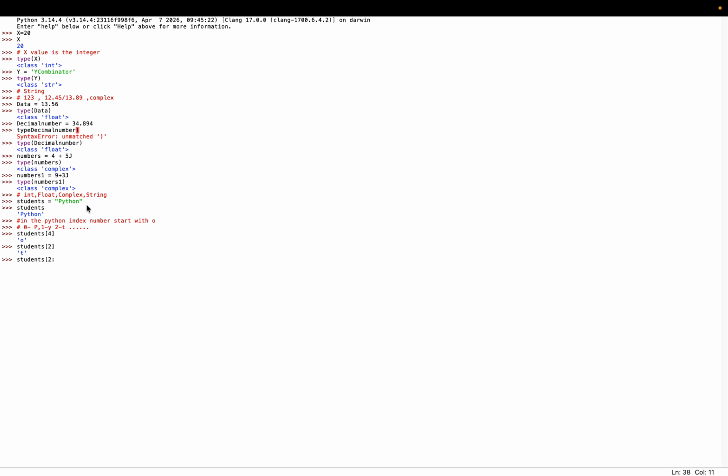Now here I am using the colon, then 2 continues. I want THON. Okay, correct? So you can just put it in the square brackets. Now THON I'm getting.